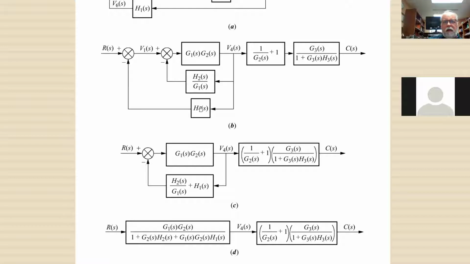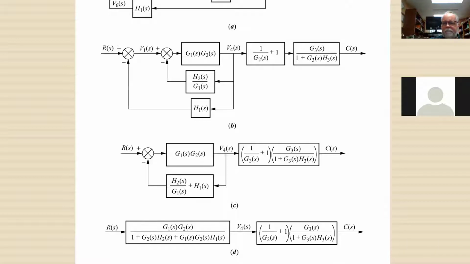So when 2 things are in parallel, you just add them up. So we've got H2 over G1 plus H1. Just add the 2 up. Now, that's a plus sign there. We're adding them up, but we keep the negative here. So we've got a negative, negative, and it stays negative right there.